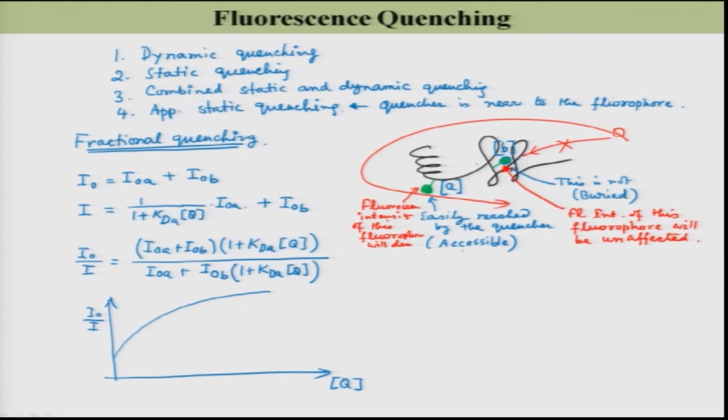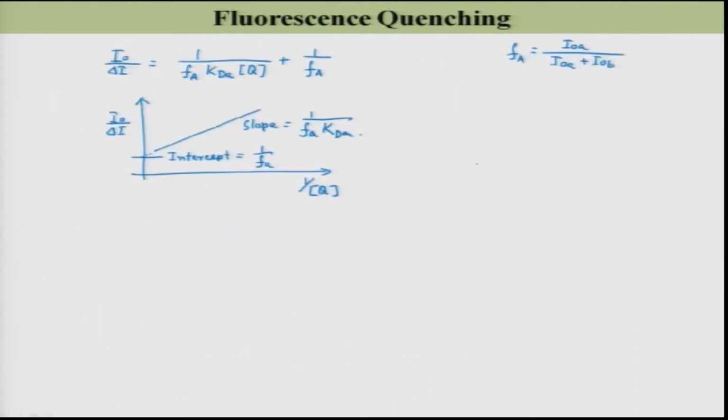Now, if both are partially accessible, in this case my equation will be I 0 is equal to I 0 A plus I 0 B, but in this case I will be equal to I 0 A divided by 1 plus K d A into Q plus I 0 B divided by 1 plus K d B into Q. It is for the site B, so I have written K d B.